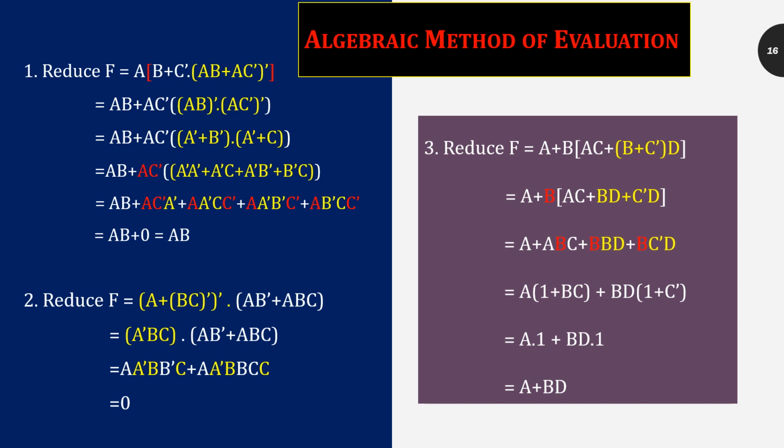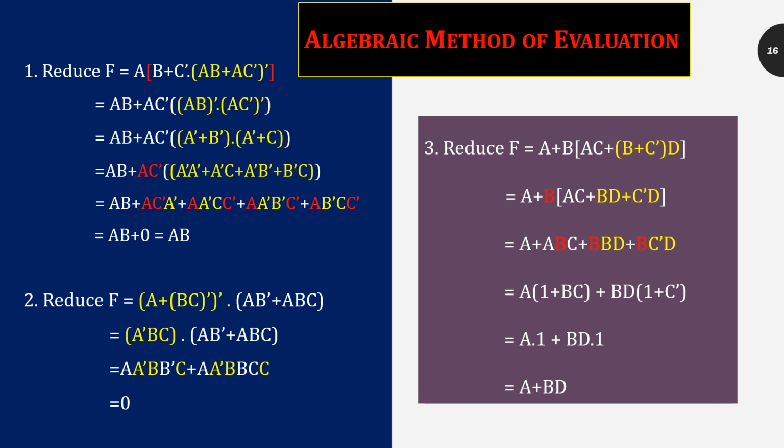We apply the distributive law to the term in the brackets, in yellow. We apply the distributive law to those literals, BD plus C bar D. Again we apply the distributive law with the term B. So A plus ABC plus BBD plus BC bar D. Now we know that BB is equal to B into B is equal to B, right? So we can take the common terms.